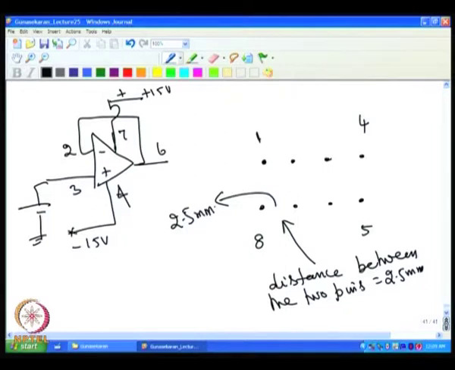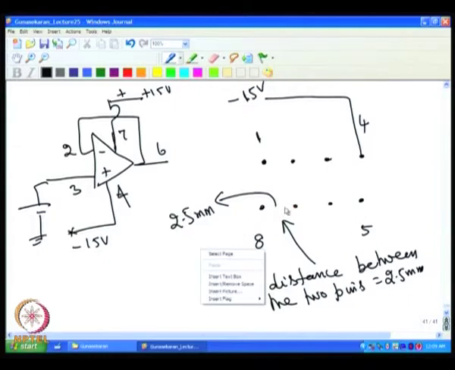Now if we connect the circuit, in reality we will connect this pin to minus 15 volt, and 7 will be connected to plus 15 volt. We will take a layout and connect this one to plus 15.